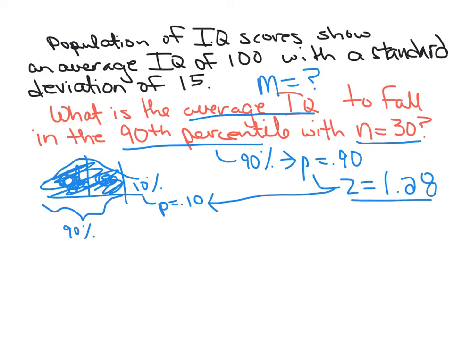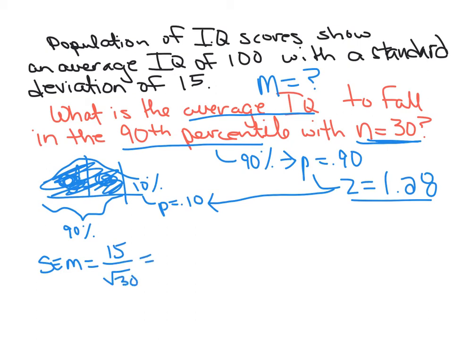So what we need to do now is find the standard error, because we're asked to find the average using the sample of 30. So we need to find out what our standard error of the mean is. So using the population standard deviation of 15 divided by the square root of 30.